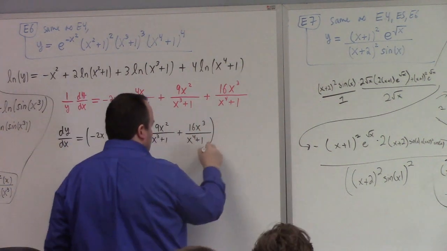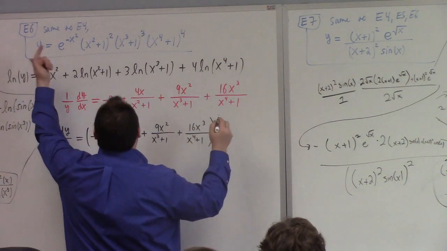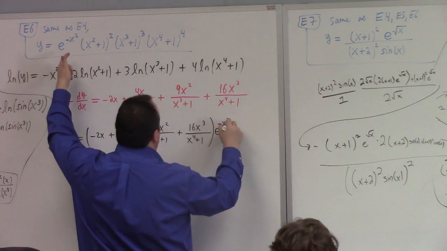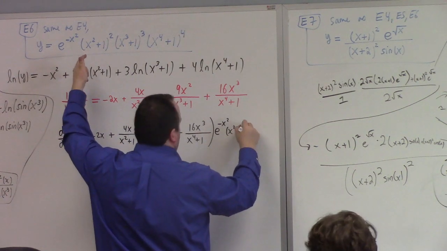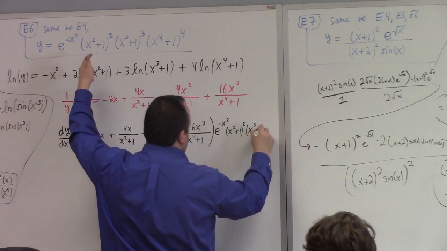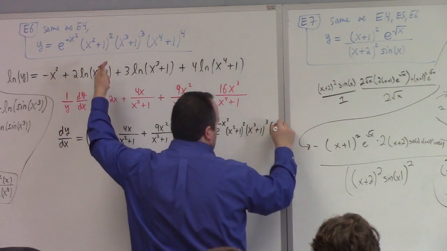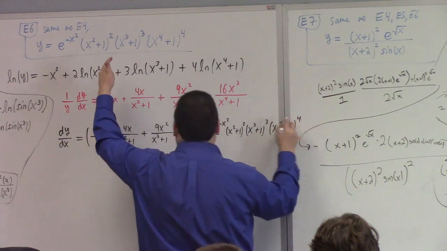Close my big parenthesis, multiply by this y, which is minus x squared. Why did I do this? X squared plus 1 squared, x cubed plus 1 cubed, x to the 4th plus 1 to the 4th.